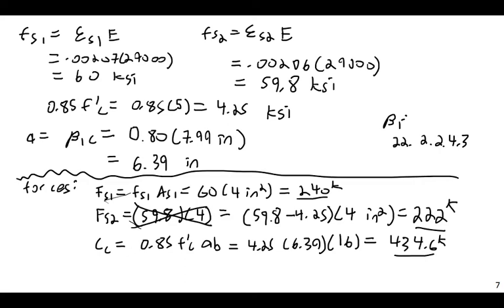And all I need to do now is apply equilibrium. And once I apply equilibrium, I can actually find the point on this curve. So here I'm going to have these three things.